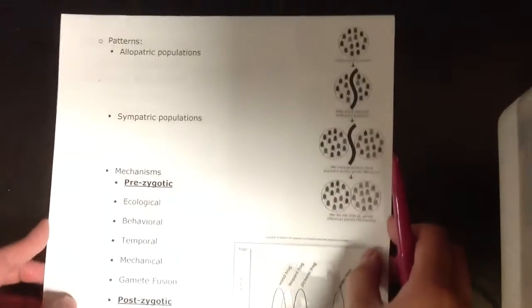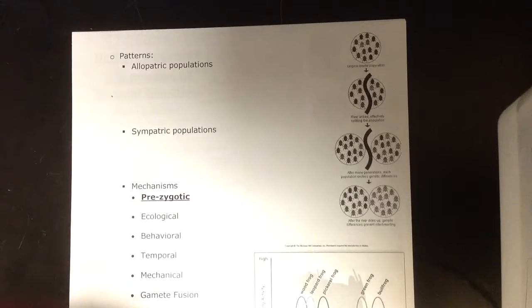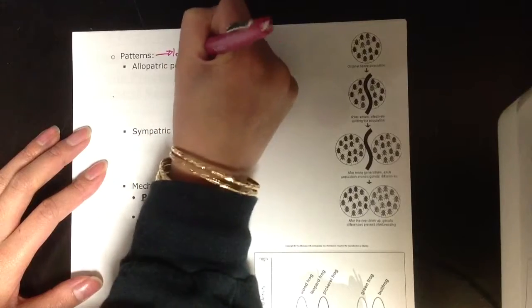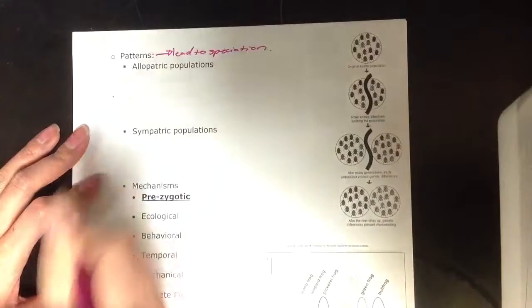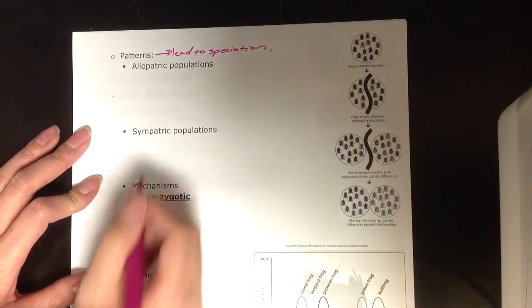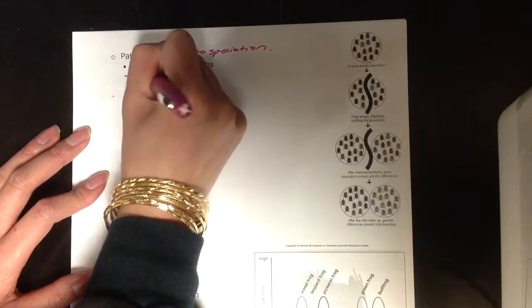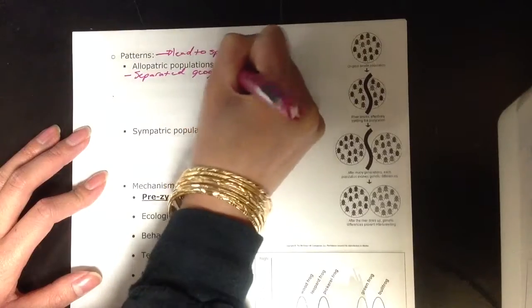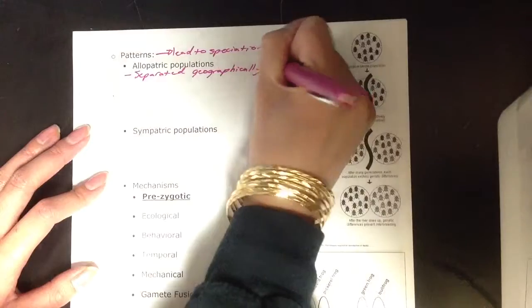On the next page, we're going to look at a few more patterns. The first is known as allopatric populations. Again, these patterns are going to lead to speciation. In allopatric populations, what's going to happen is that you are going to be separated geographically, or by space.